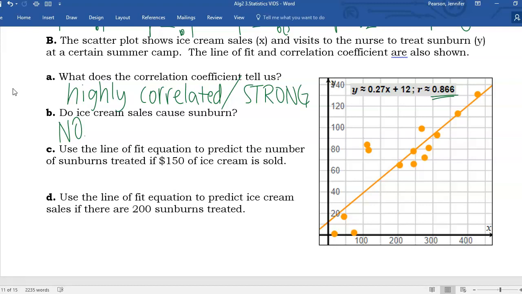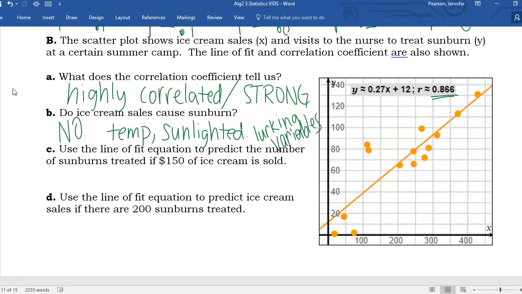And examples would be maybe temperature, or maybe sunlight, right? If it's hot outside, if it's sunny outside, we are more likely to crave some ice cream. We are also more likely to get a sunburn. So these are our lurking variables that might be causing sunburn, that might be causing ice cream sales. Just because we have a correlation between them doesn't mean that there is causation there.